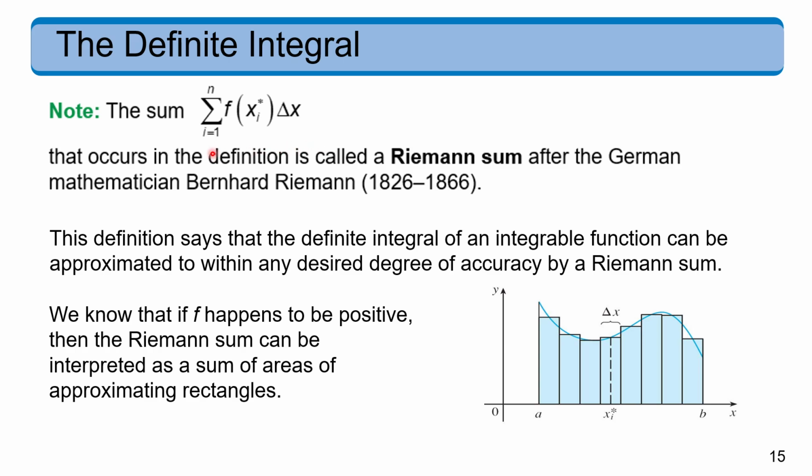This particular type of sum is called a Riemann sum, and it's named after a mathematician from the 1800s. We interpret the Riemann sum as the sum of the areas of the rectangles in a picture like this. And we also interpret that as an approximation to the area below the curve. So that's how we want to think about Riemann sums.